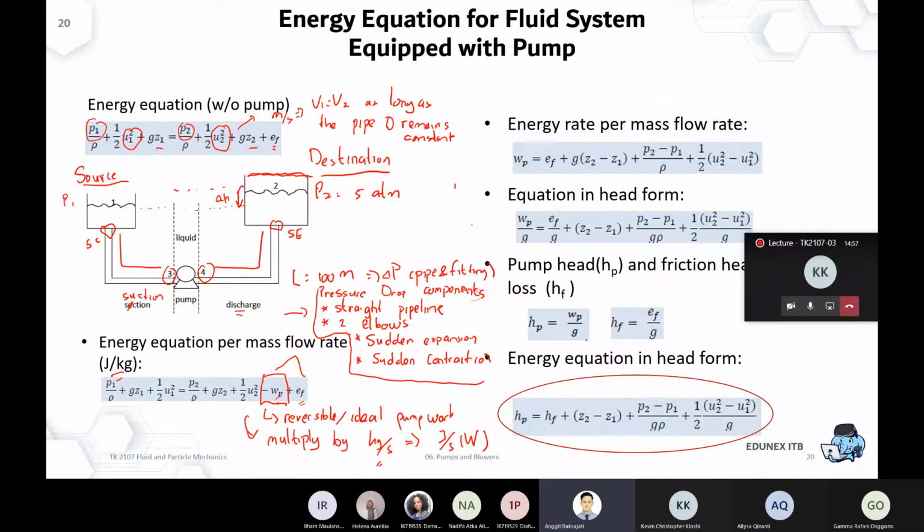So again, if we move the work of the pump into the left side of the equation, the work of the pump would be provided to compensate the friction, the delta elevation, the delta pressure between two points, for example, and the delta velocity.